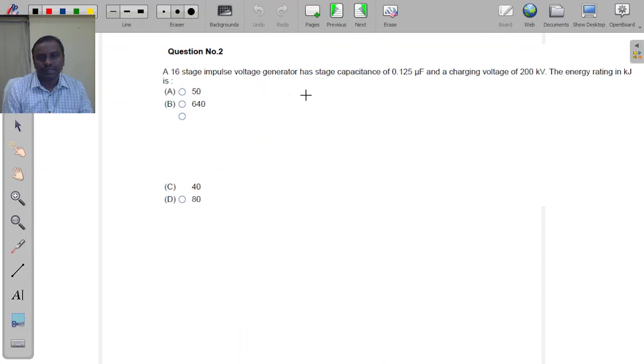A 16-stage impulse voltage generator has a stage capacitance of 0.125 microfarad and a charging voltage of 200 kilovolt. The energy rating in kilojoule is. Solution.